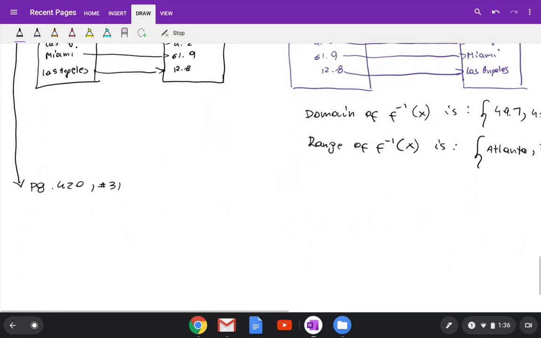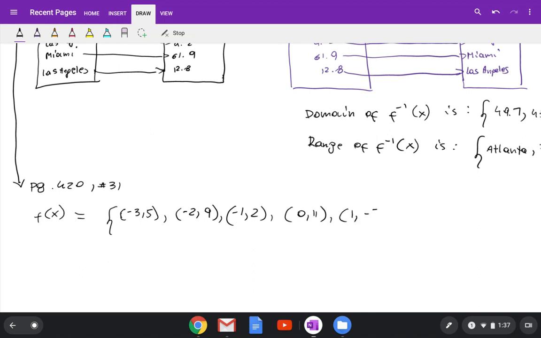However, different scenario. So in this case, they give you original function, f of x, as a set of order pairs. So we have (-3, 5), (-2, 9), (-1, 2), (0, 11), (1, -5), and you have to find inverse function.